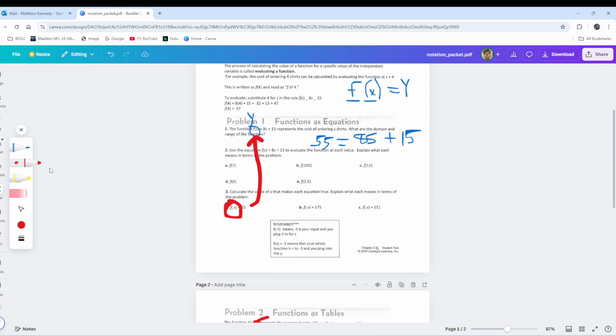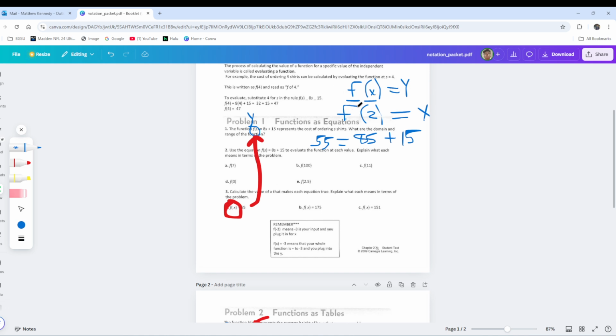Last big thing I'll say is when they do things like f of 100 or f of 11 or f of 2.5, now we have f or any letter and a number. It could be 2, it could be 10, it could be a half. Any number with a letter, that is going to be your x. So two letters, it's y.